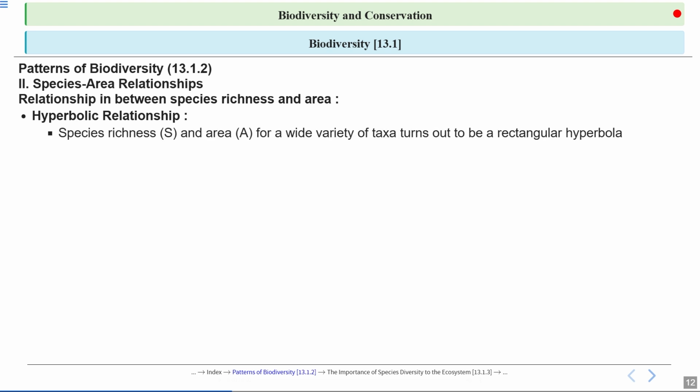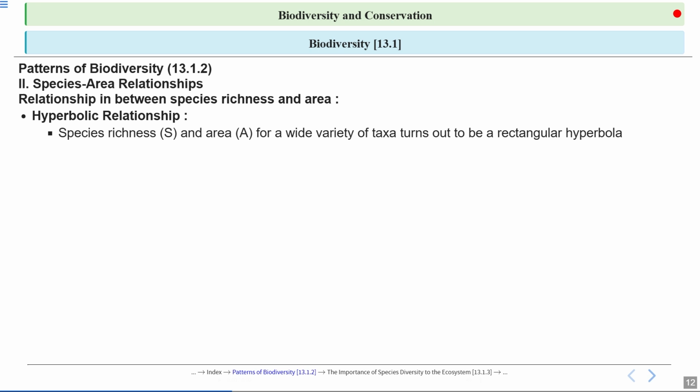Now, to give you a real world example, researchers have observed that for many groups of organisms like plants, birds, or insects, the number of species found forms a rectangular hyperbola when plotted against area. This curve showed that doubling the area doesn't always double the number of species.